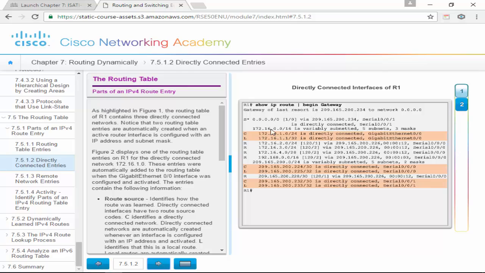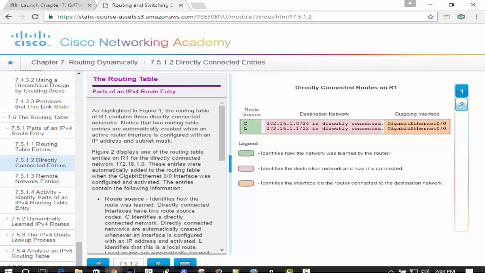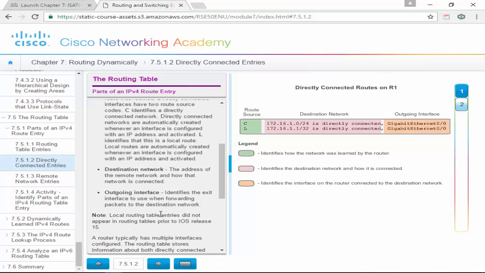So it talks about, yeah, we have directly connected neighbors. Yep, we've seen these in our table before with static routes.